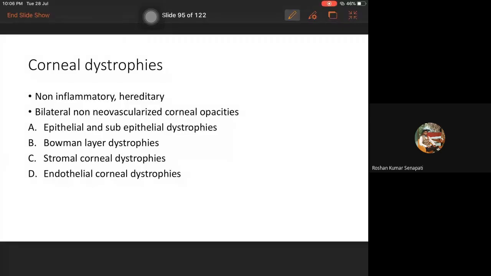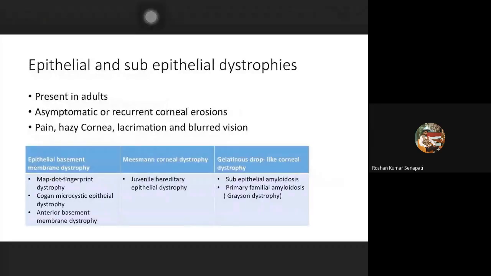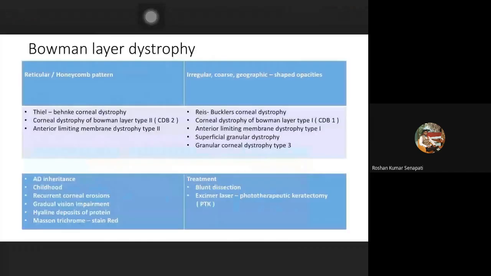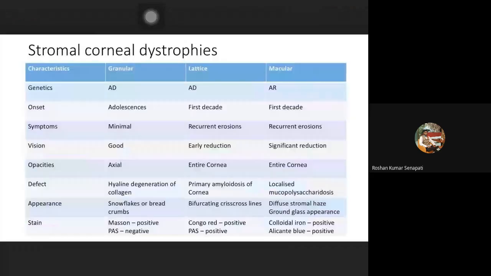In corneal dystrophy, I just went through the question paper. See, if you remember everything, it's well and good, but it's very hard to remember everything. But there is a trick when you want to remember the stromal corneal dystrophies. This is very important.